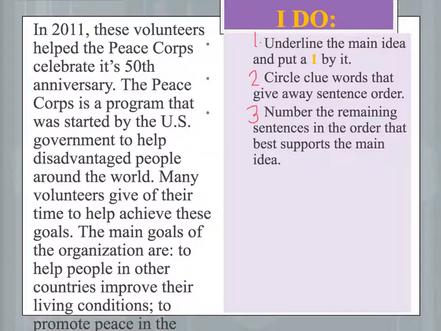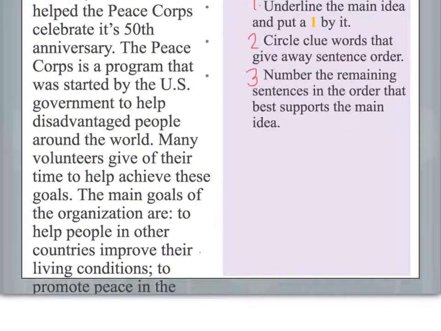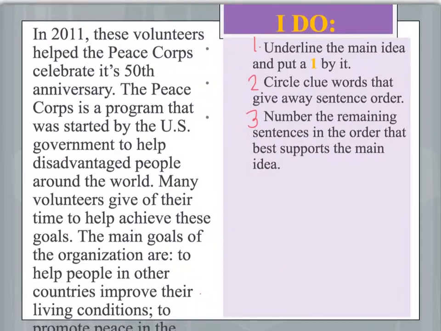The Peace Corps is a program that was started by the U.S. government to help disadvantaged people around the world. Many volunteers give of their time to help achieve these goals. The main goals of the organization are to help people in other countries improve their living conditions, to promote peace in the world.